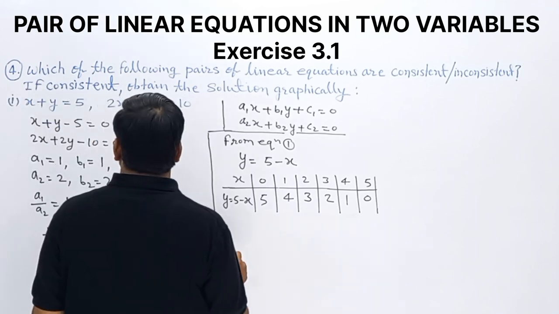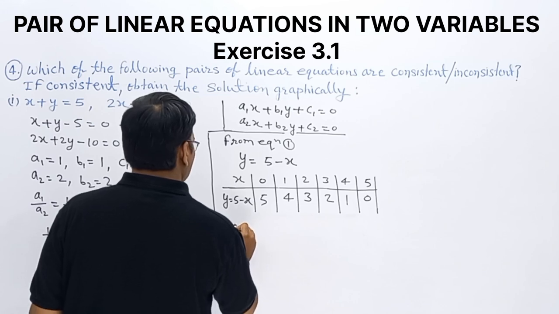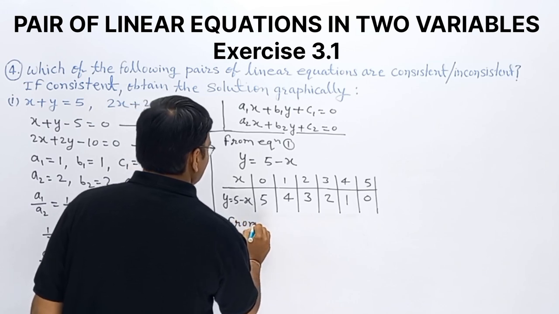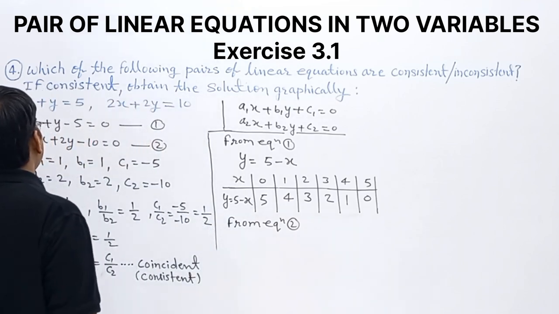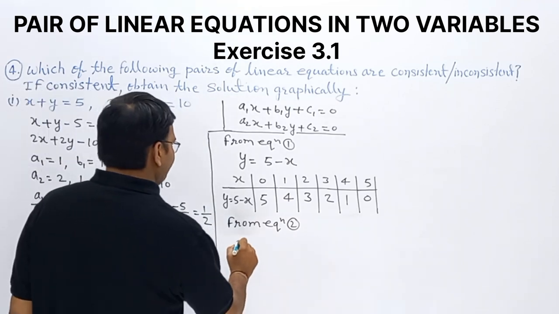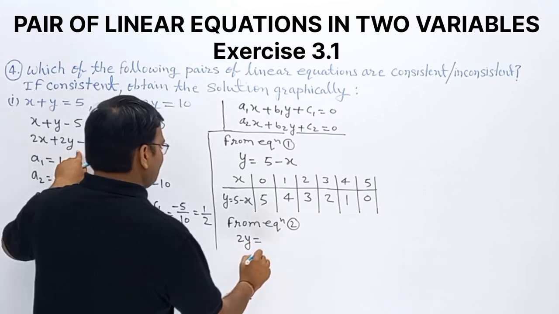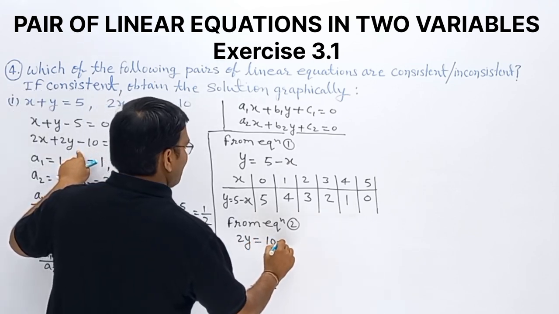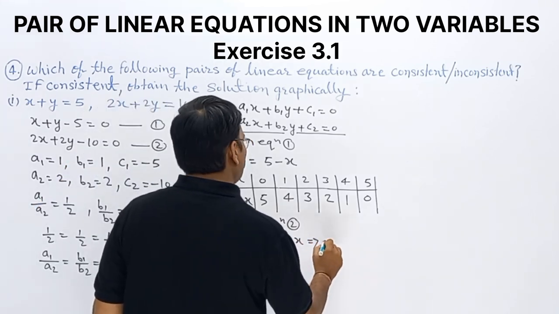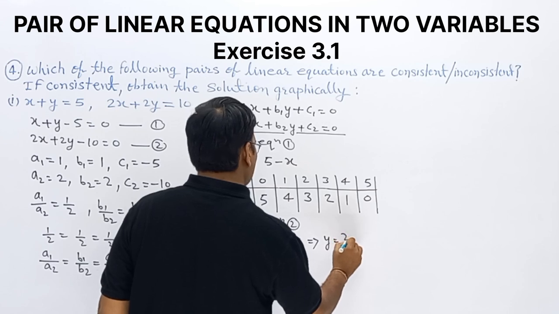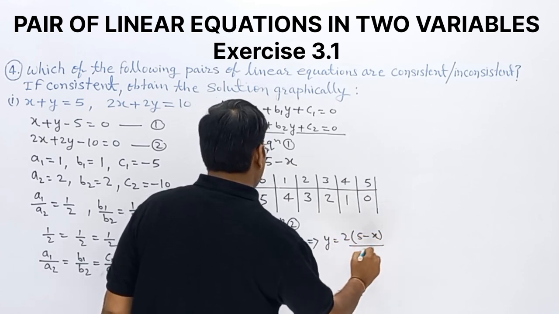Clear? Now what will be the table for equation number 2? From equation 2, observe, 2y can be written as 10 minus 2x, and this can be written as y equal to 2 times (5 minus x) divided by 2.